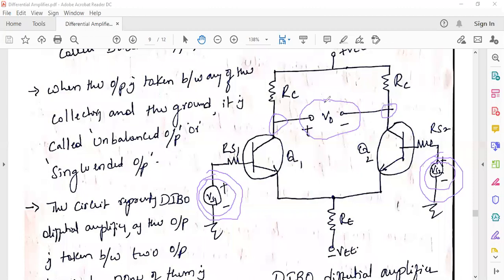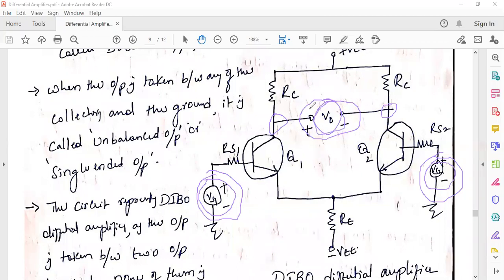So I am measuring the output of the differential amplifier between the two collectors of the transistors. Generally, in a CE amplifier or any amplifier, we measure the output across the collector with respect to ground. Similarly here we have two transistors and two collectors.